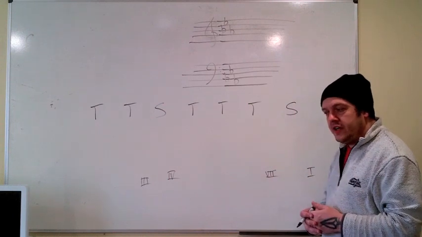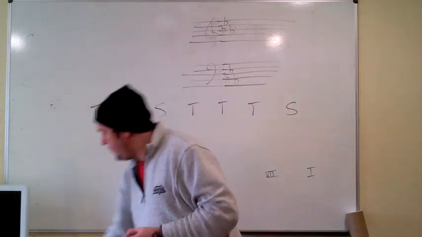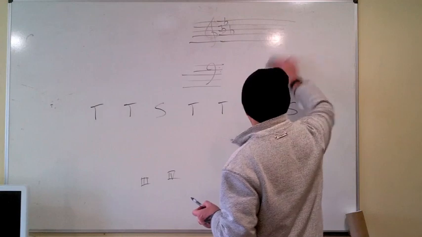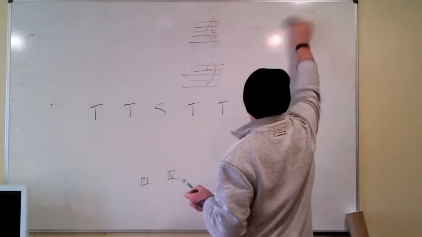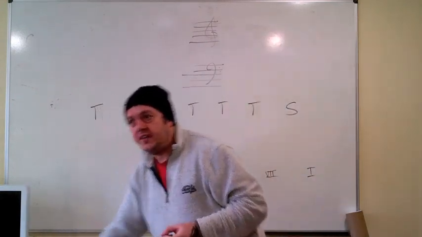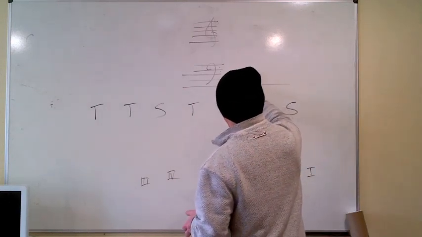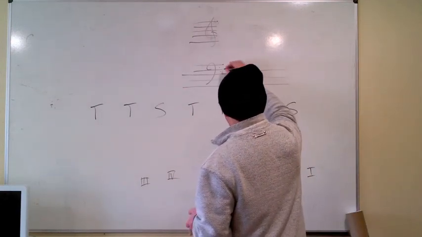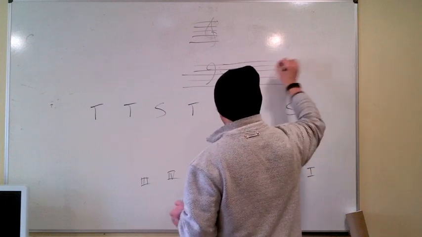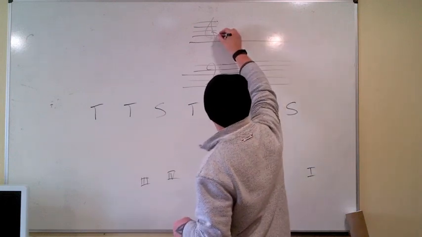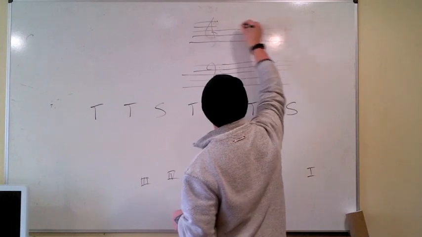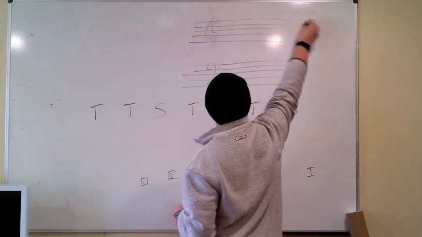Now, tonic triads. How do they come about? Once you have all that knowledge solid, it's easy to work it out. Now, let's try it ourselves. Of the scales that I showed you so far, pick one. F major.